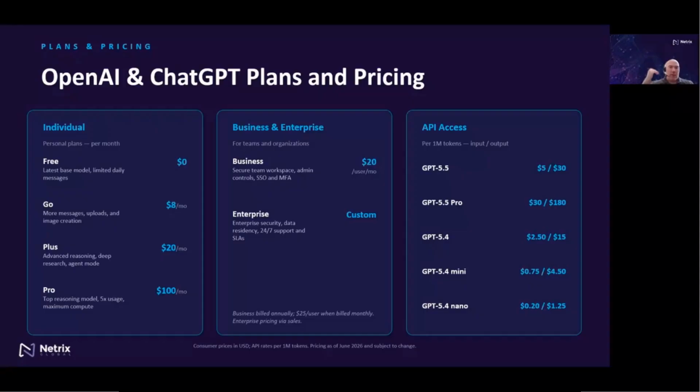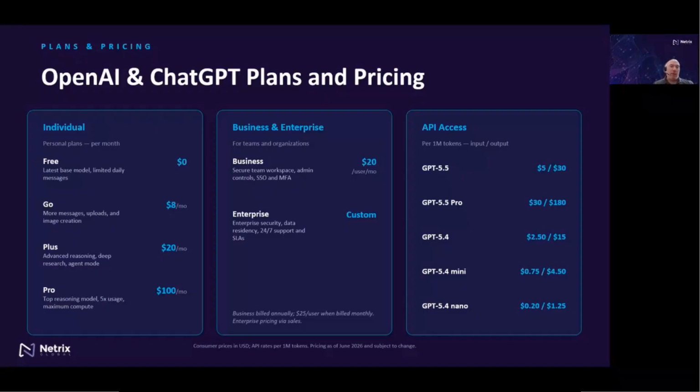As you go up in the paid tiers, you get more reasoning, more tokens, and more usage. The free one has limited messages, and then you're done for the day.